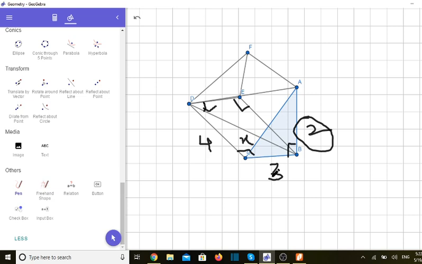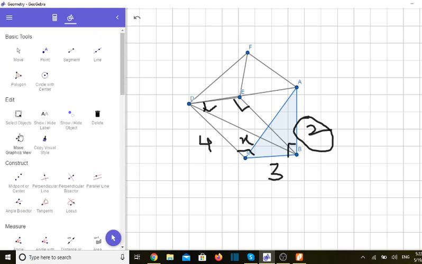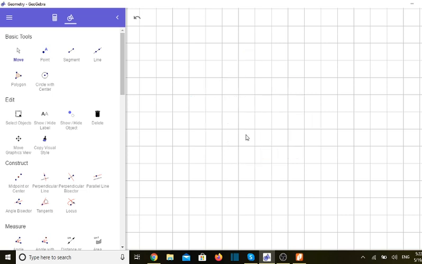Or if you have any query regarding this question, you can ask me directly. I'll wait for a few seconds, then I'll move towards the next question. Until then, I can just draw our next question.